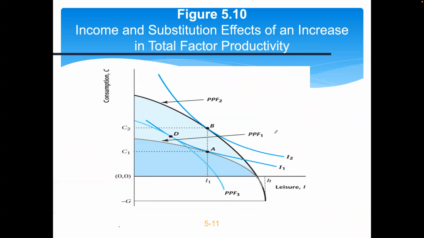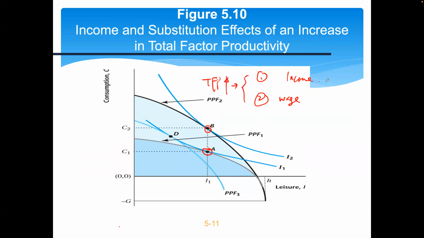Okay. So what we care about is understanding what happens when we move from A to B, because there are two impacts. One, your income is going to increase. Two, the wage is going to increase. Right? So this is after the TFP increase.